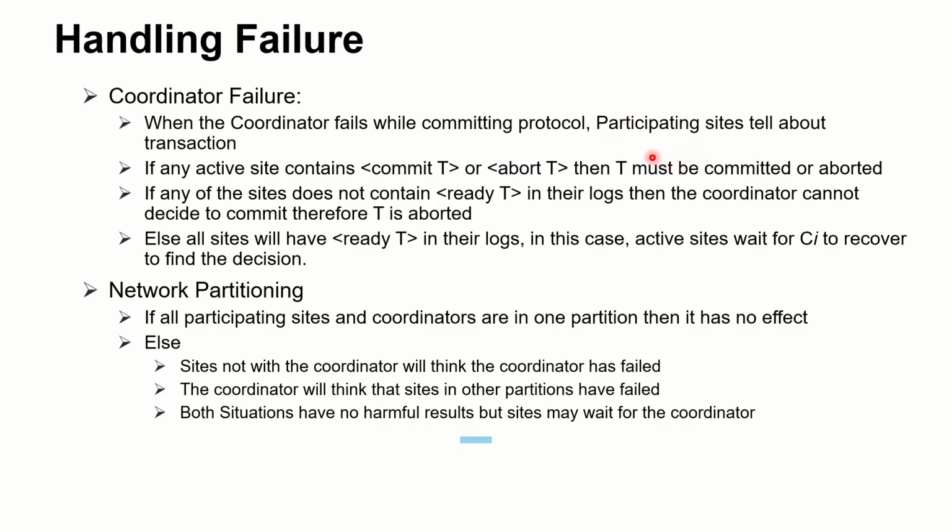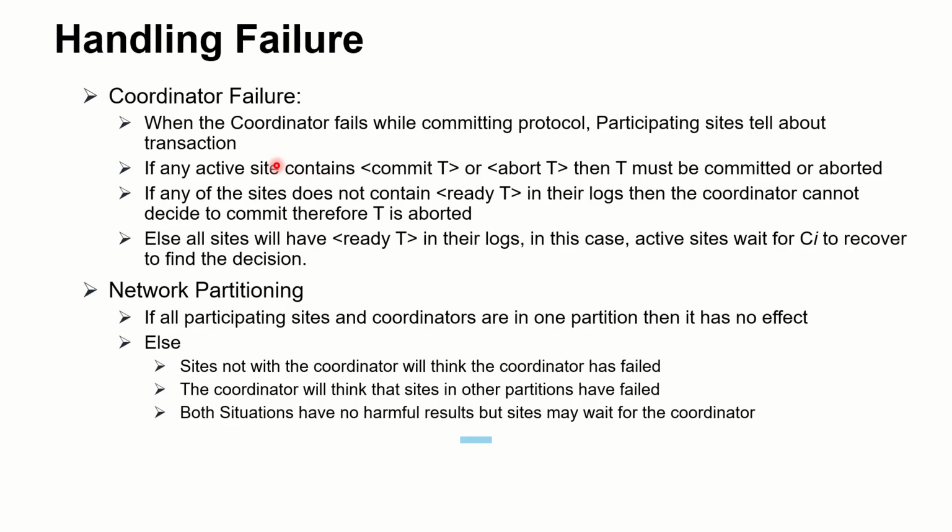If any of the active sites sees a commit or abort record in its log, then the transaction has definitely been completed, because this commit or abort record is added to the log only after the coordinator sends the commit or abort message to them. So the transaction is already completed at the coordinator also.